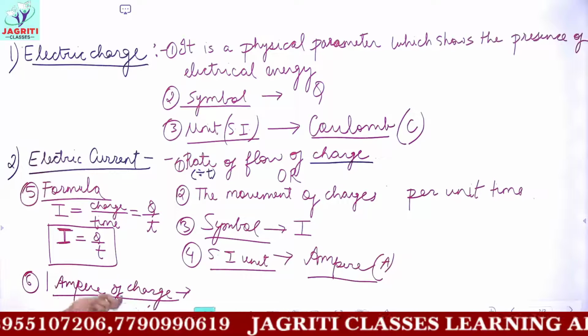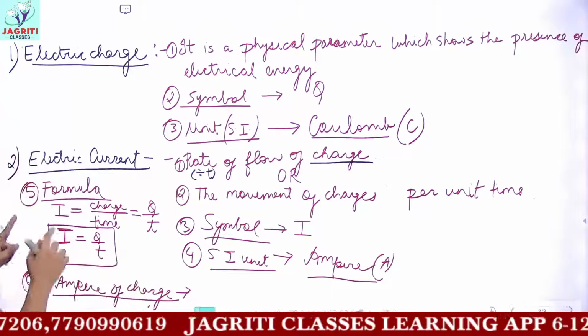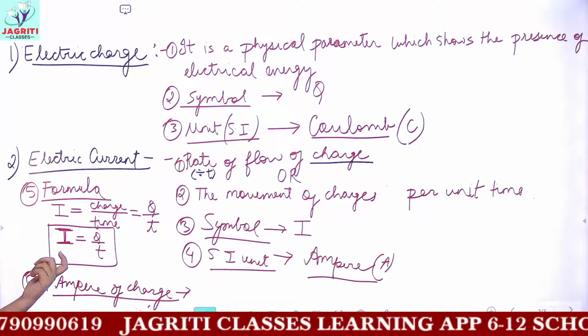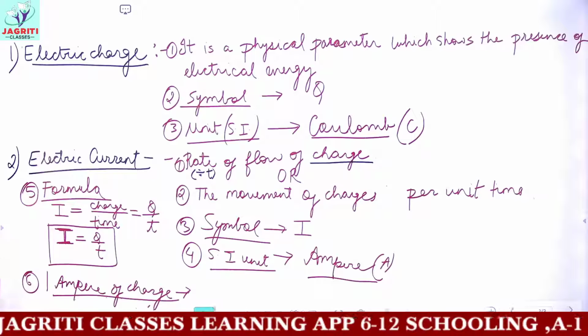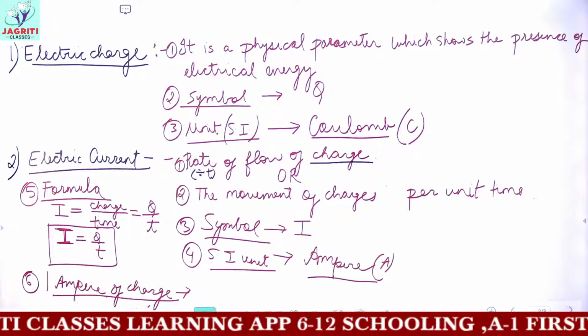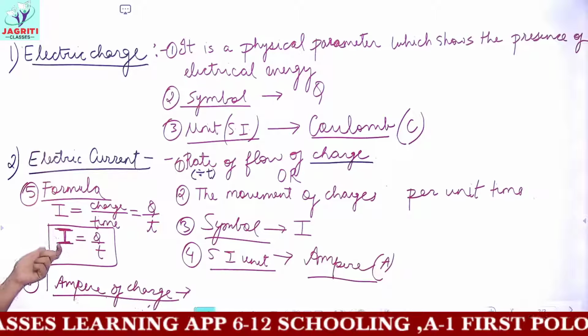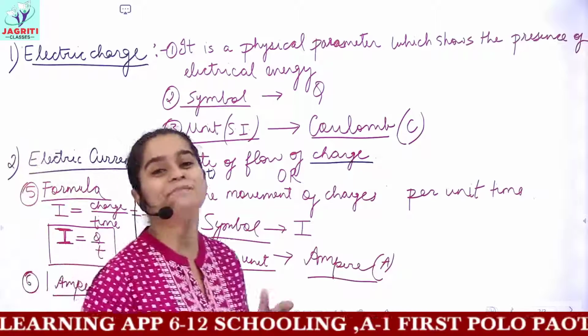So 1 ampere of current means, when will this I value become equal to 1? When you have 1 coulomb of charge flowing through a conductor in 1 second, then we say that the total current is 1 ampere here.